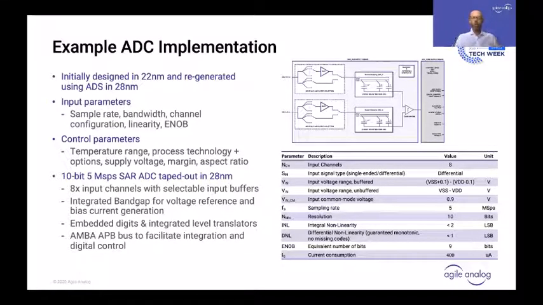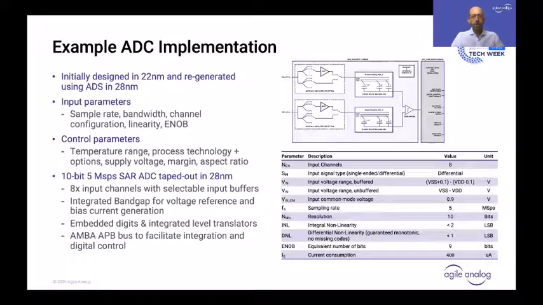And then you also have what we call the control parameters. These are the general operating conditions, so things like temperature range, the process technology and the process options, your supply, any margins that you need on the actual input parameters, and even physical specifications such as the aspect ratio.